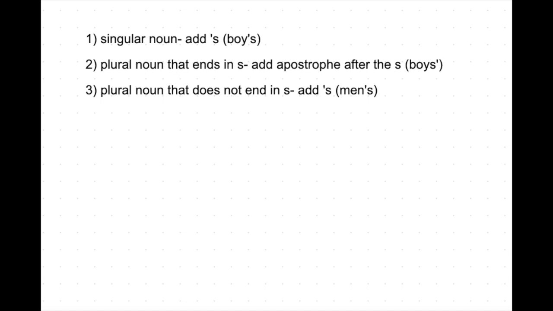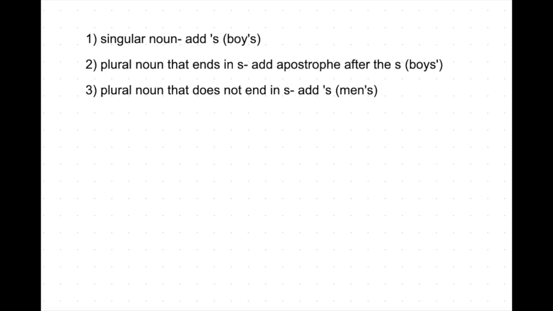It says, a possessive noun is the name of a person, place, or thing that owns something. A possessive noun will always have an apostrophe after it. It will have either an apostrophe before the S or an apostrophe after the S. The apostrophe makes a noun show ownership, like Joseph's boat. Follow the rules below to make nouns possessive. We've actually already talked about this in class, so this should look familiar to you.